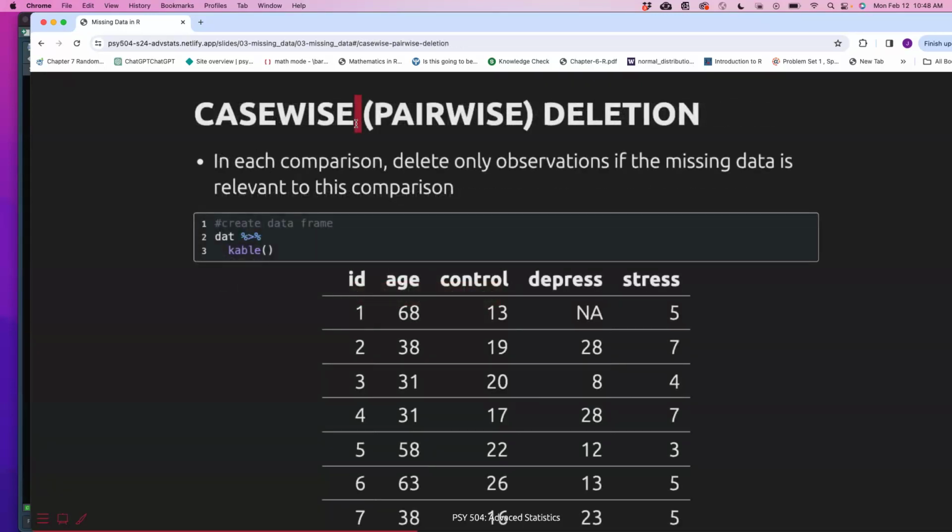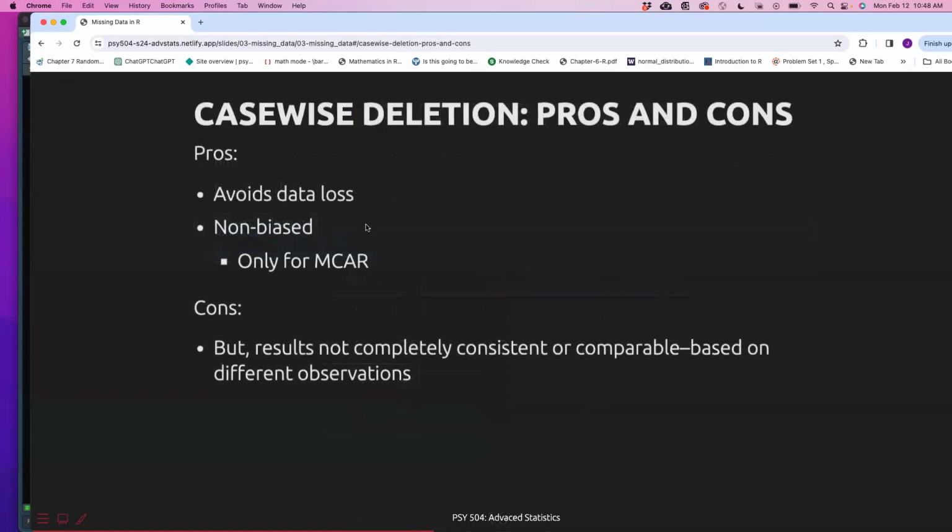As an alternative to listwise deletion, there's case-wise deletion. Here, we're only deleting observations if they're involved in that comparison. For example, if we're looking at depression and control, we would delete this row for this comparison. However, if we were going to look at stress and age, we would keep this particular row in, right? So we can see a lot of benefits for case-wise deletion, where it avoids data loss.